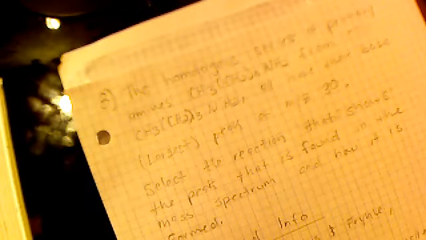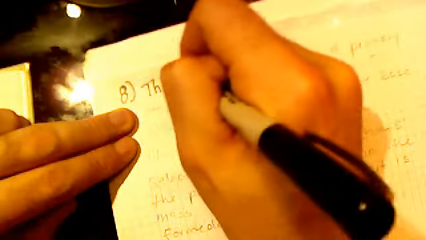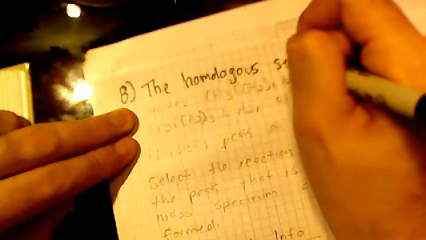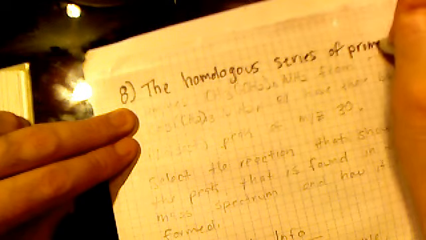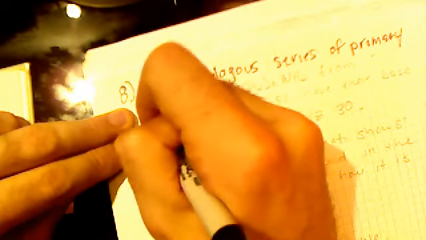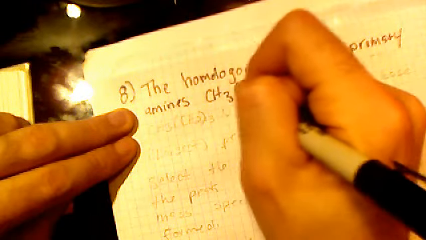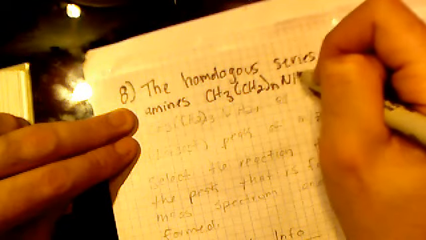Alright, so number 8, Wiley number 8 was kind of quick. So at number 8, okay, so it says the homologous series of primary amines CH3 CH2 to the N NH2.